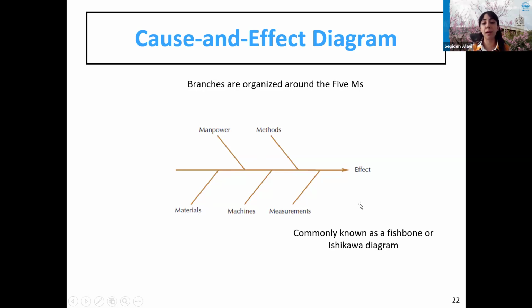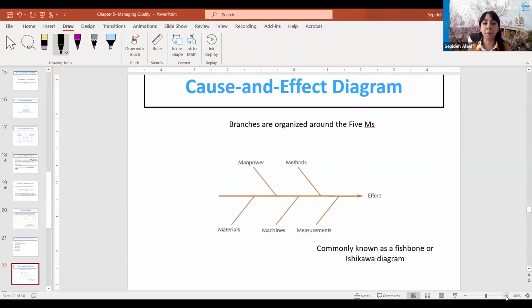Let's talk about an example here. Let's say at a pump manufacturer, the problem is that they have variations in the pump shaft dimensions. So we put that on the main branch here.